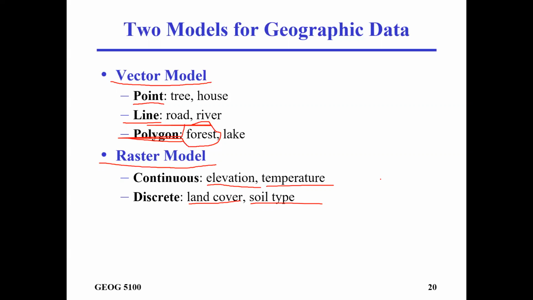And on the other hand, for example, you want to address something continuous in value, for example, elevation data. You can use raster data to do that. There is a specific type of raster data called digital elevation model data, DEM data.